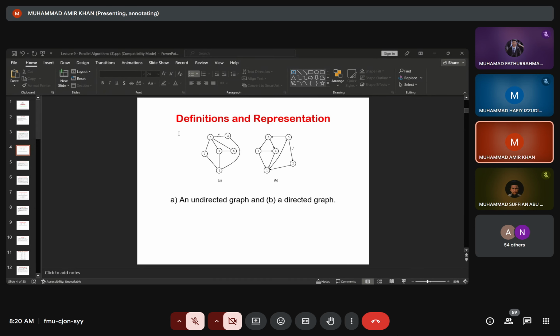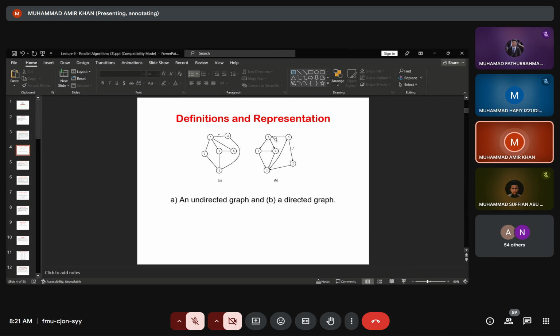Any other? Directed graph has direction. Okay. Directed graph basically has direction, but undirected graph has no direction.